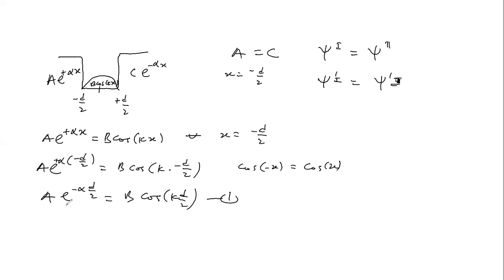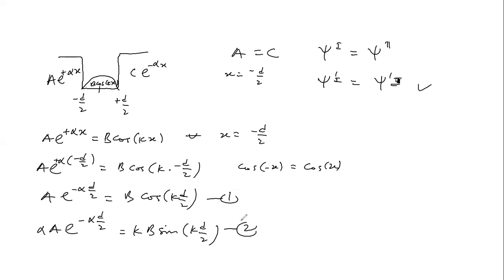And if we take the derivative, if we evoke the second boundary condition, we are going to have, in this case, αA E^(−αd/2) is the same as kB sin(kd/2), okay? This is our second equation.